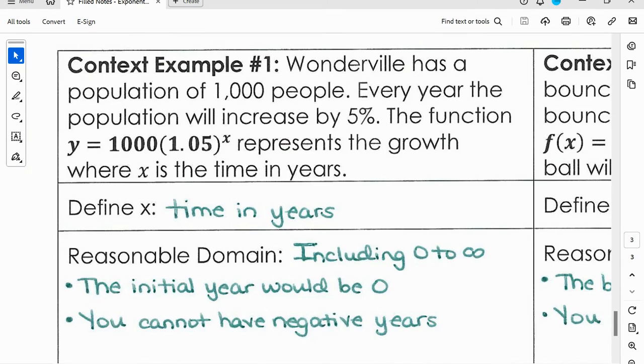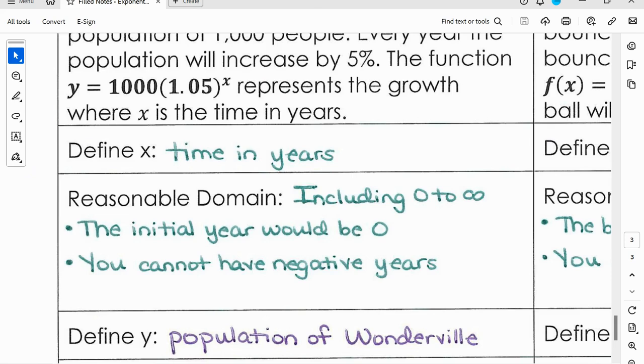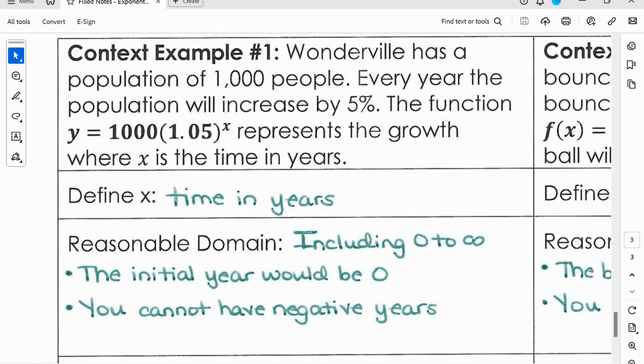Now we're looking to define the y value to help us get the reasonable range. The y value is going to be what the equation equals, which is the population in Wonderville. As a reminder, in Wonderville, we started with a population of 1,000 people. So right away, I know that has to be an initial starting point. I cannot go below 1,000 people in this data set.